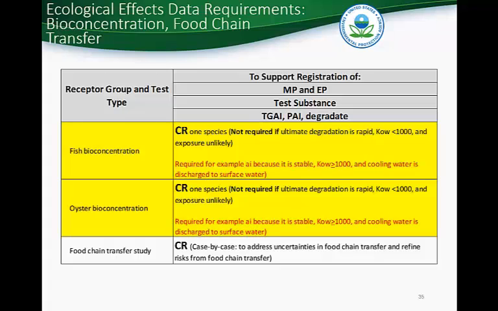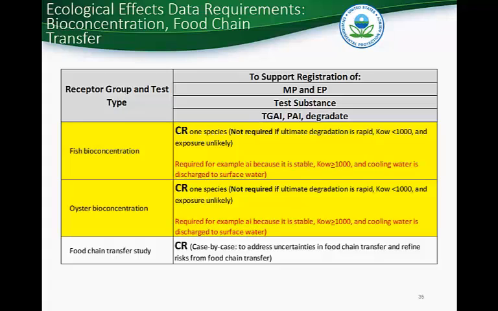In these studies, fish will primarily uptake the chemical across the gill. Oysters, which are filter feeders, will assimilate the chemical from across their gills, but also from the water they filter through their bodies to feed, and from the chemical absorbed to particles in the water or absorbed to the algae they feed upon throughout the study.